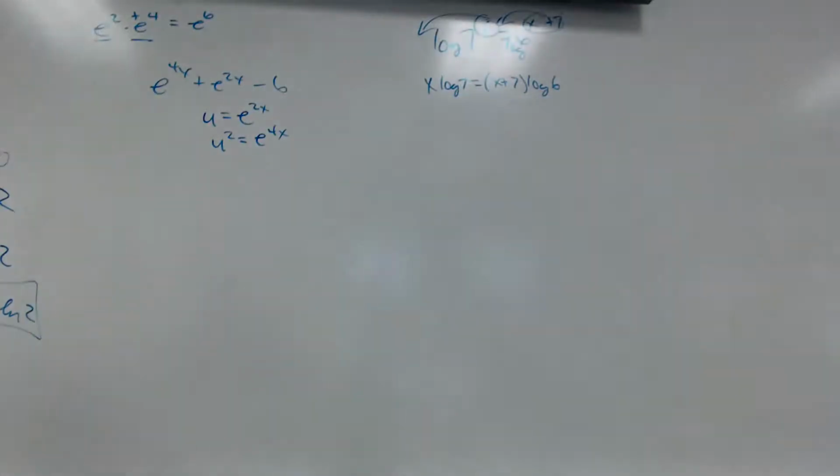Okay? Divide by log 7. You people who don't get rid of those parentheses drive me crazy. You could do that, but I would not do that. A good mathematician wouldn't do that. And what would the good mathematician do?